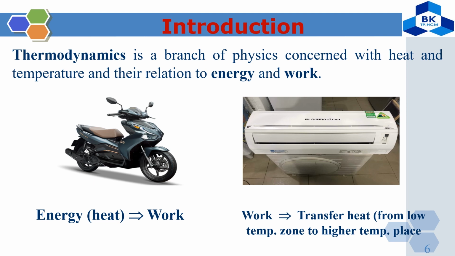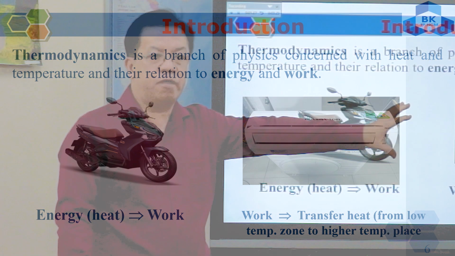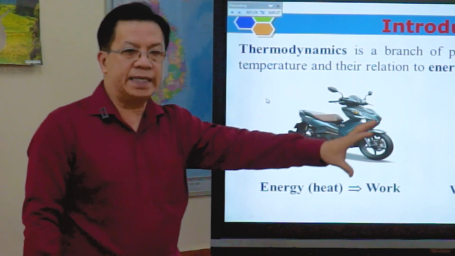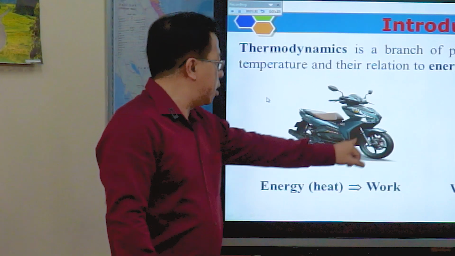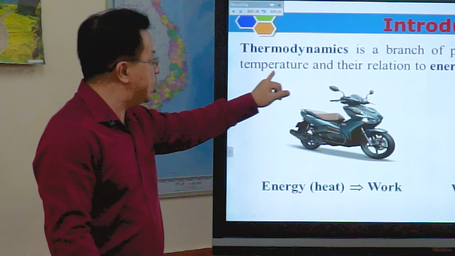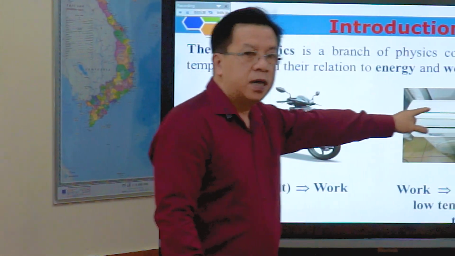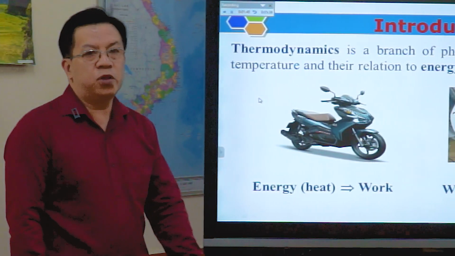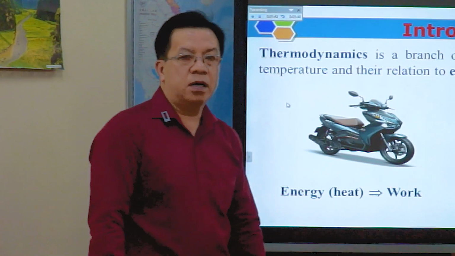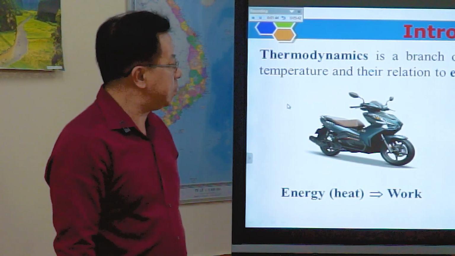And then the heat will be transferred to work. That is the energy that moves the motorbike forward and brings you around the city. So the motorbike is related to energy or heat and work, and it means the motorbike is a subject of thermodynamics.